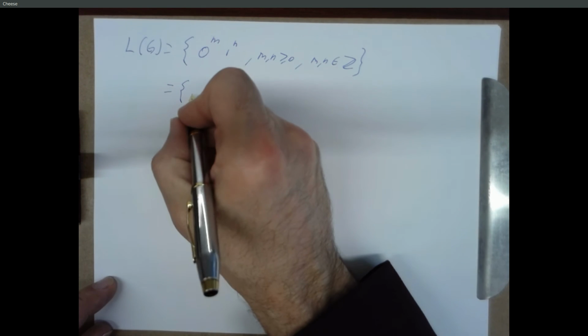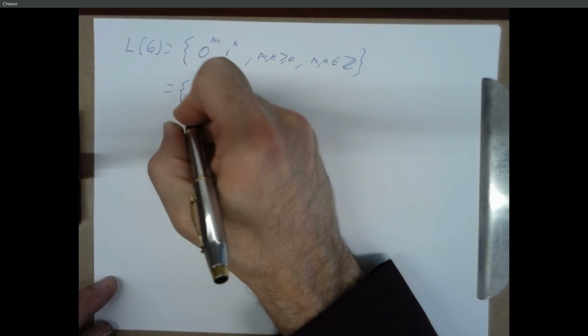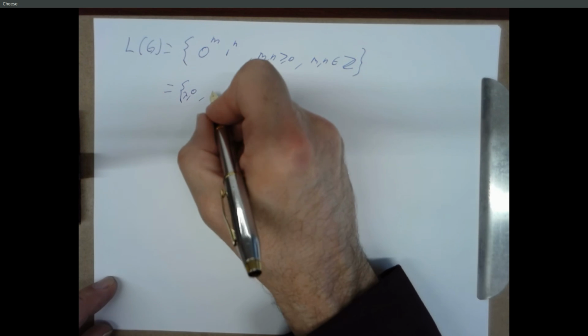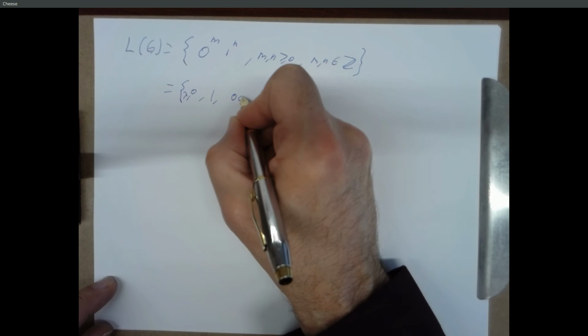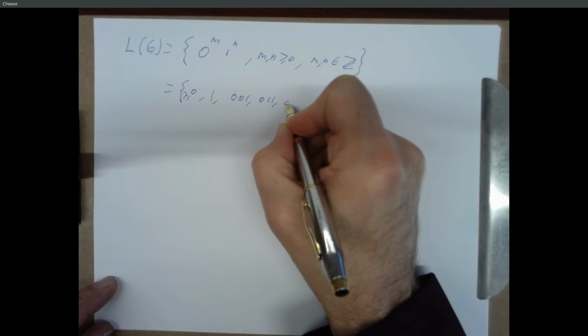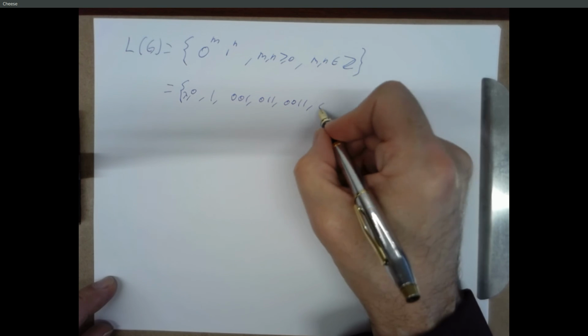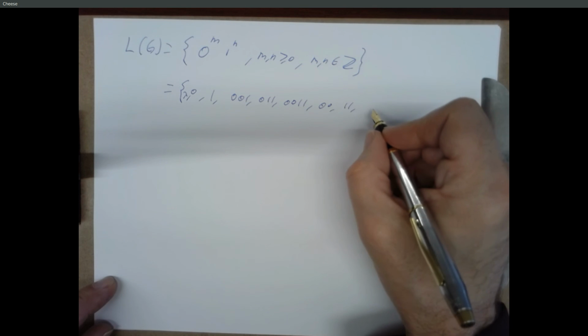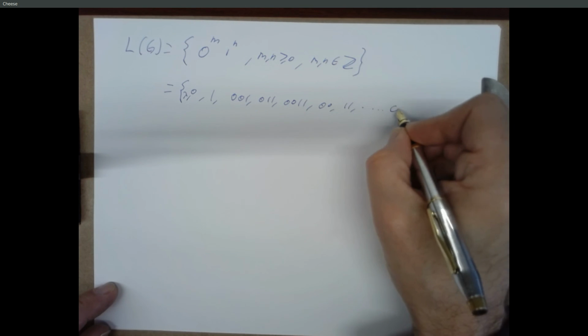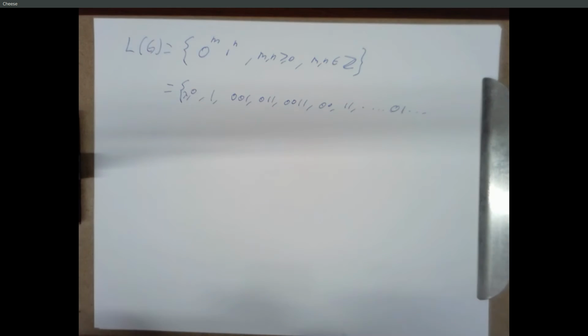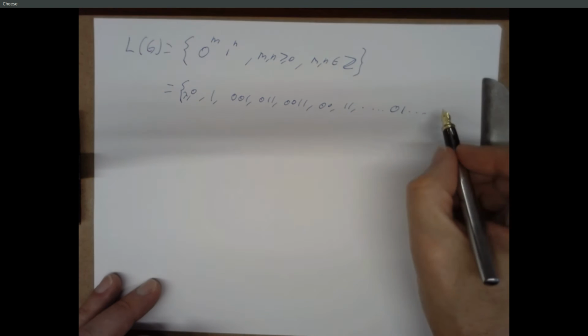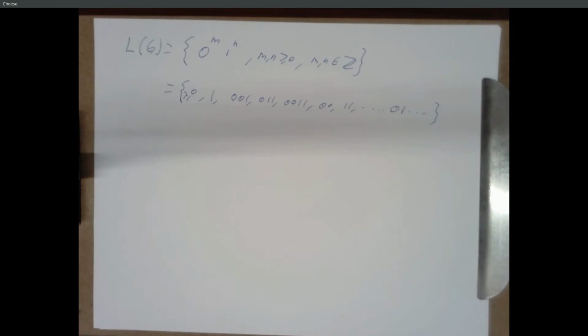So it's really the empty string. It's a 0, it's a 1, it's a 0, 0, 1, it's a 0, 1, 1, it's a 0, 0, 1, 1. It's just 2 zeros, it's just 2 1s. It's any succession of zeros followed by any succession of 1s, including none of either or both.